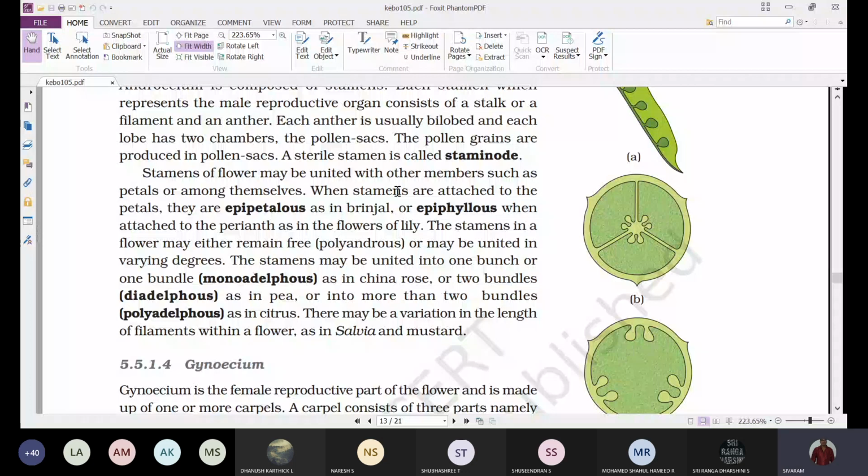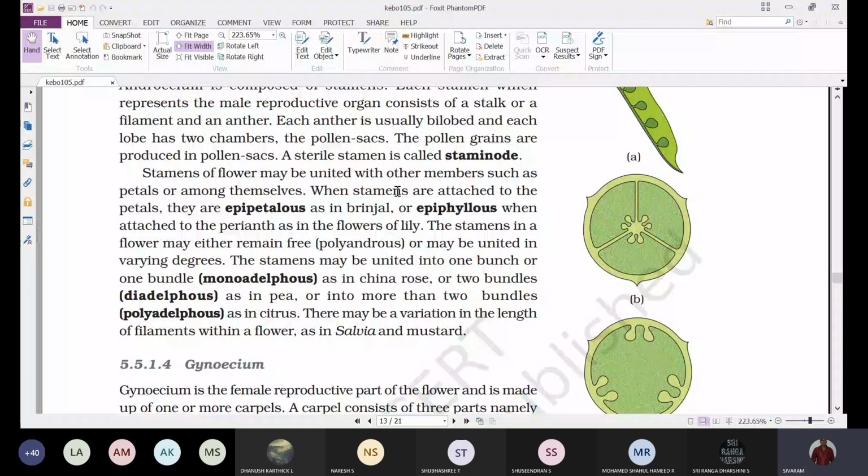In some cases they may be united in two groups, and sometimes united to form many groups. This phenomenon of attachment among themselves we call adelphous.